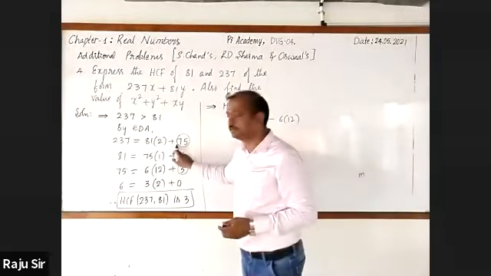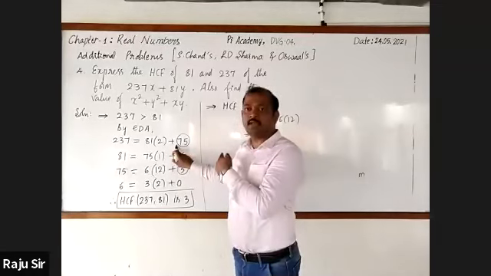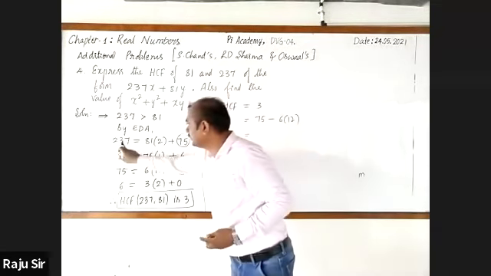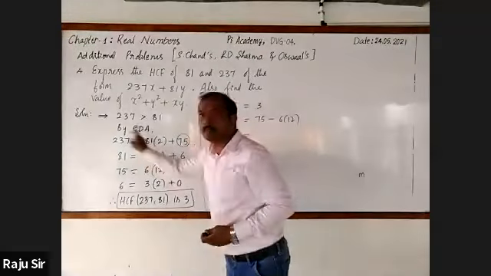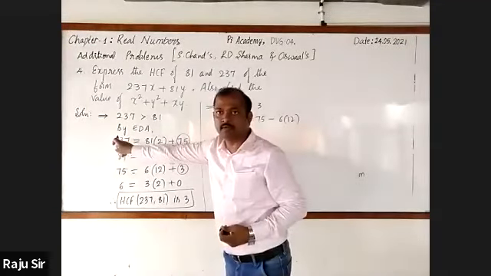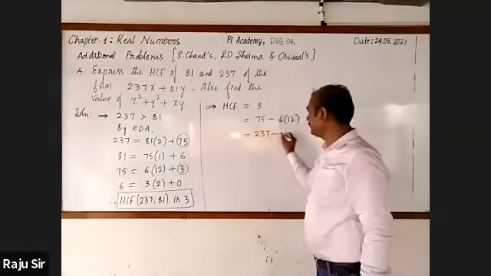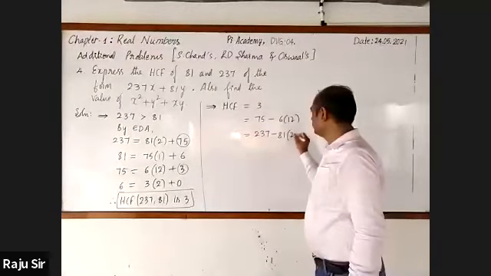Let us solve that. First observe. When I'll be writing, you can also copy. 75 is there. It is 237 minus 81 twos. Right. 237 minus 81 twos.